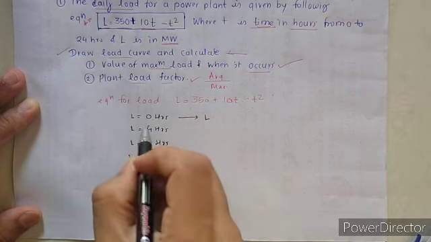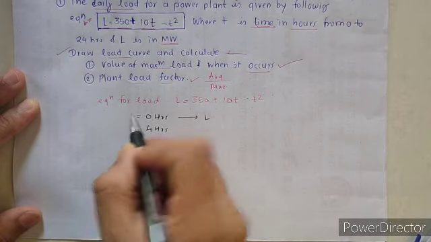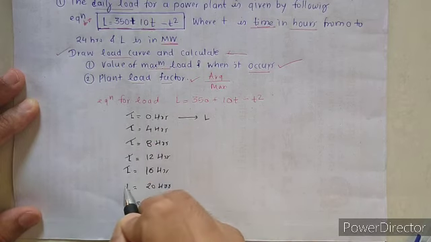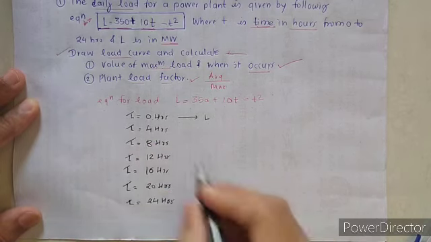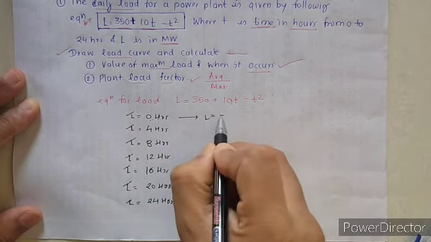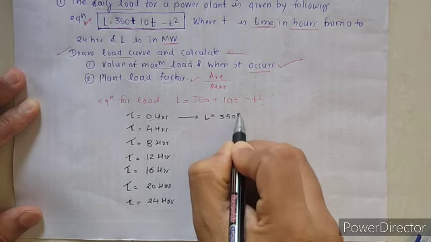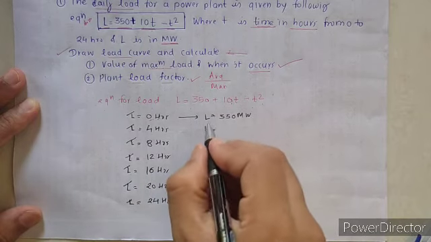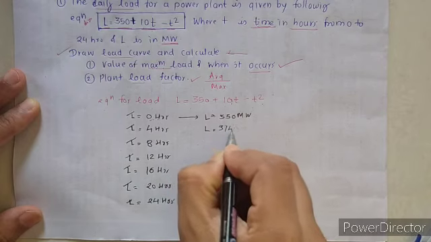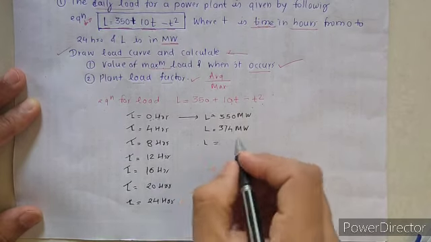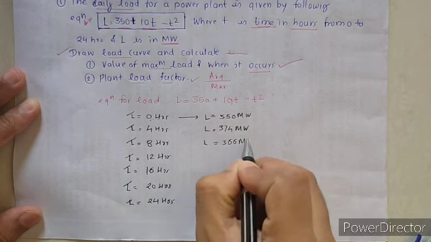These are the time intervals. So load for 0 hours will be 350 megawatt. At 4 hours it will be 374 megawatt. At 8 hours it will be 366 megawatt.